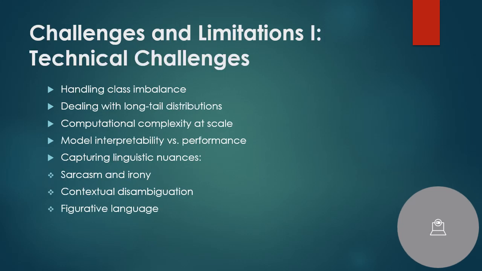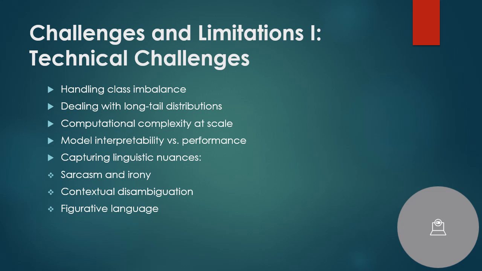Despite progress, challenges persist. Here we can see certain challenges, which include class imbalance, linguistic nuances, computational costs, and interpretability. In class imbalance, for example, hate speech is often misclassified.